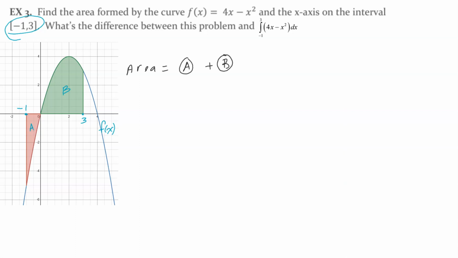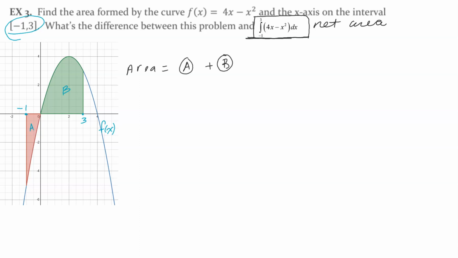What's the difference between that and the previous problem, which is the integral from -1 to 3? The integral is the net area. You can see right here, region A is below the x-axis.